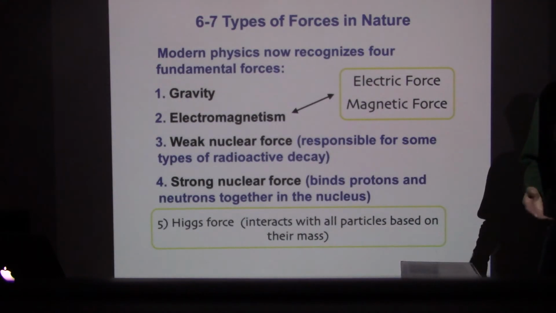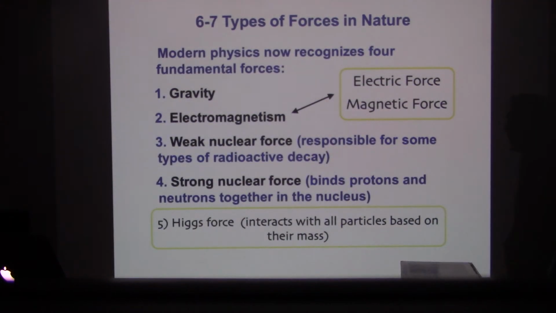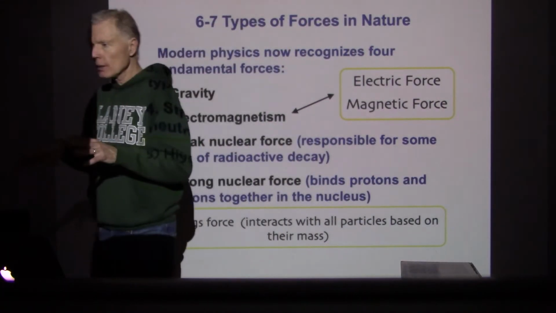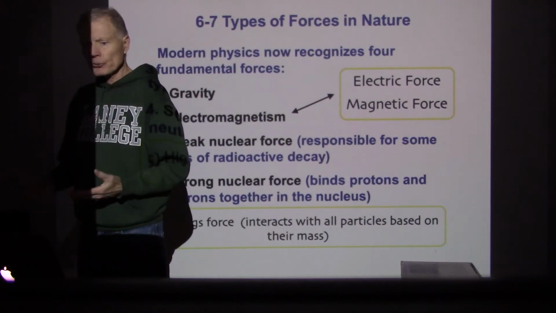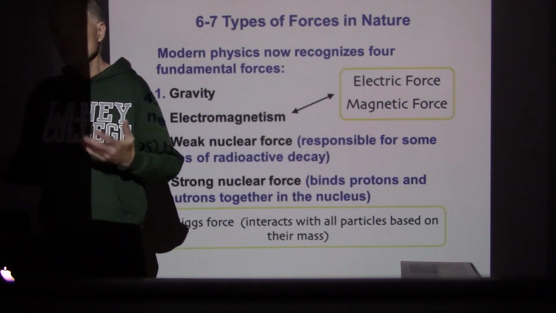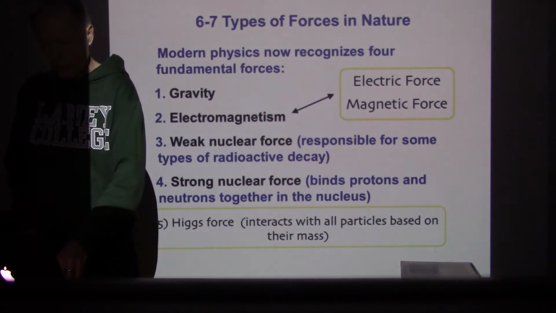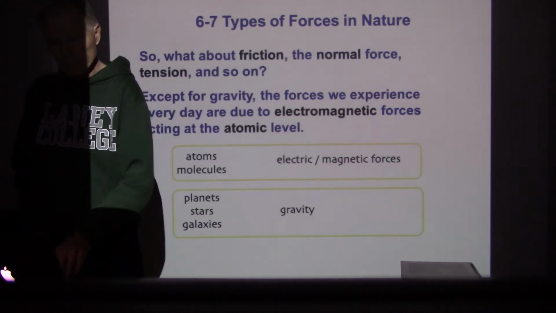But the Higgs boson, in some ways, behaves as a force. And so we could say that there's a fifth force, is one way to interpret that. And the Higgs specifically interacts with all other particles based on how much mass they have. So the amount of the force is proportional to how much mass those particles have. Kind of like the way we think of with gravity.